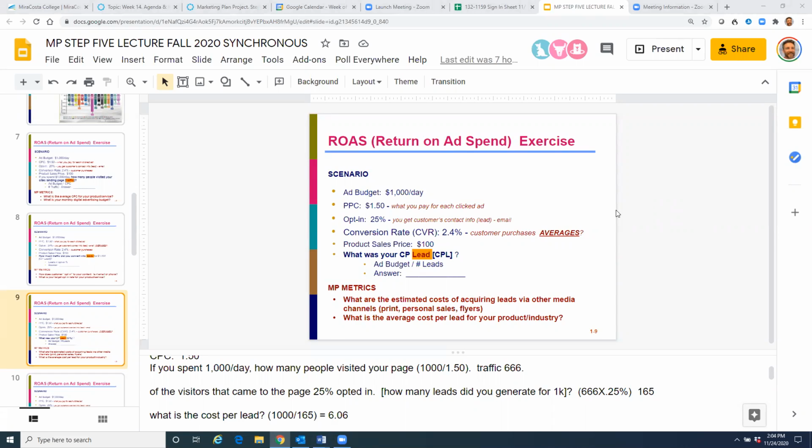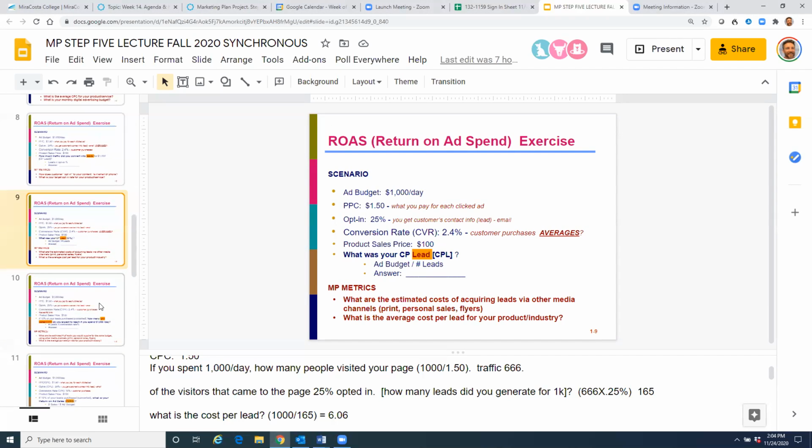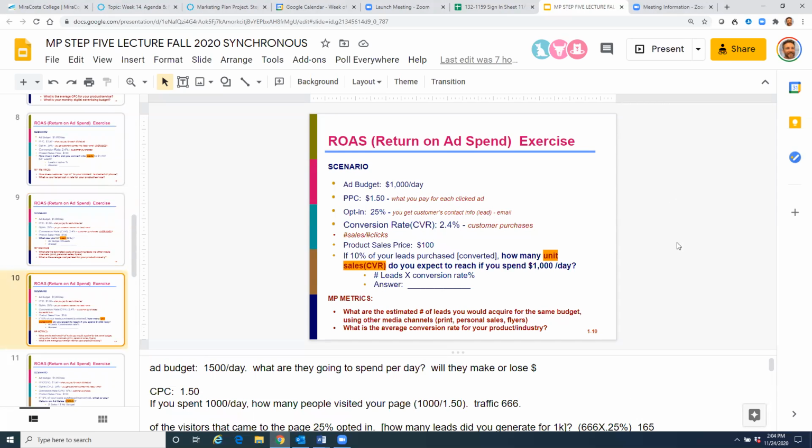And we got our cost per lead. All right, so let's assume it's a 6 number. This will throw some of my numbers a little bit off. So now we've gotten our traffic, our number of leads, and we figured out our cost per lead. Now we're going to drill down to the next step, which is how many sales do we expect to have based on spending that $1,000 a day?